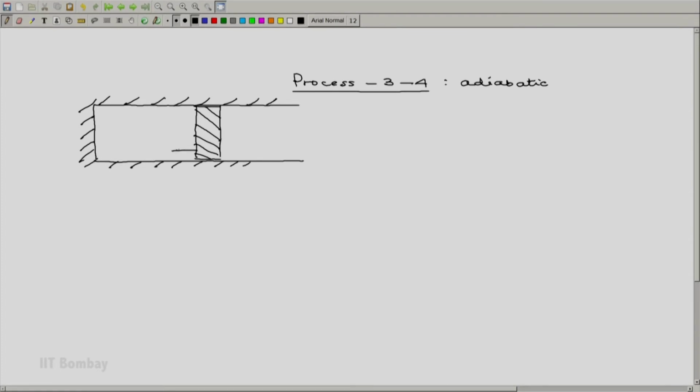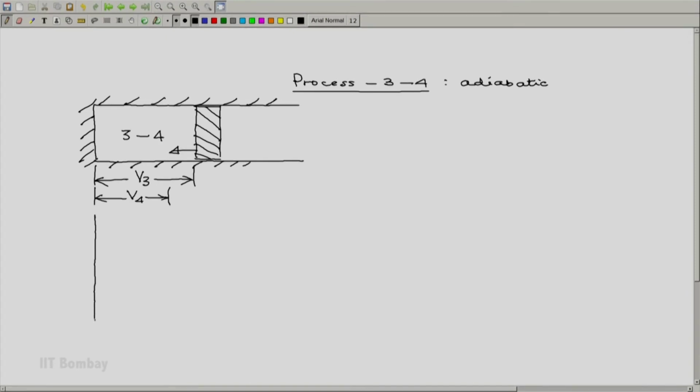The piston will move in, the initial volume will be V3 and the final volume after adiabatic compression will be V4. The state of this system will go from 3 to 4.